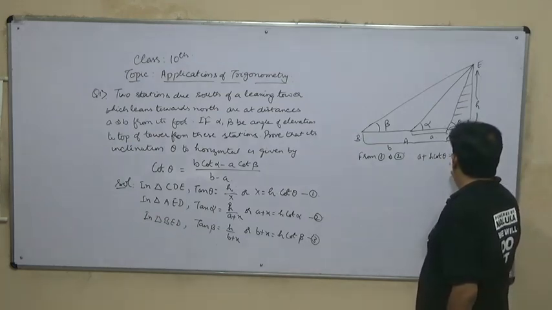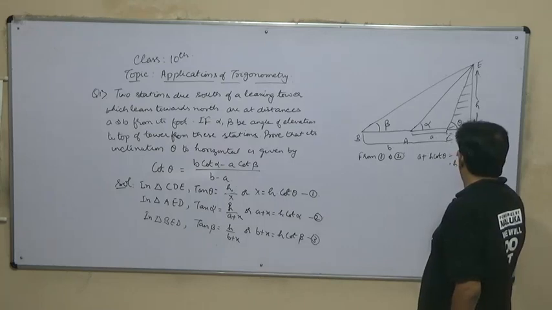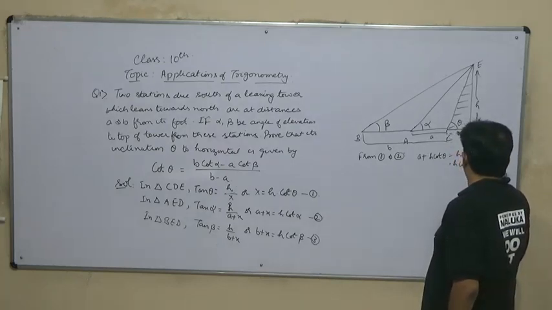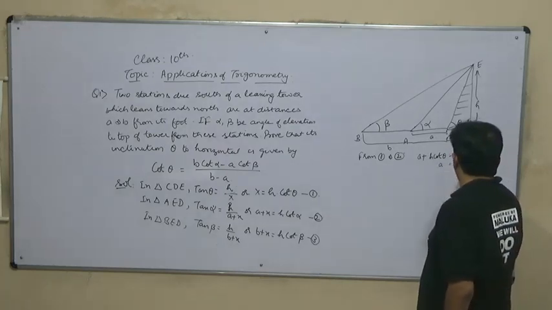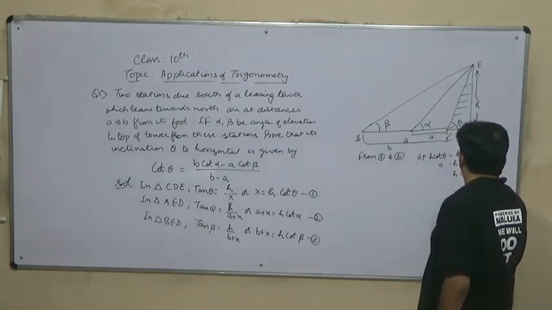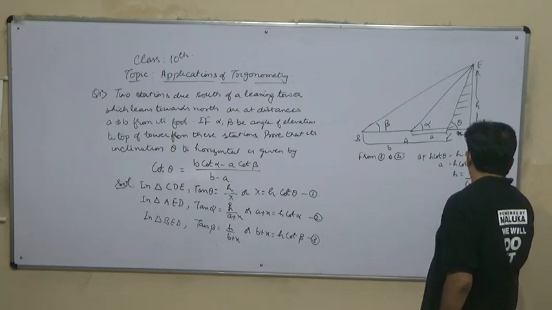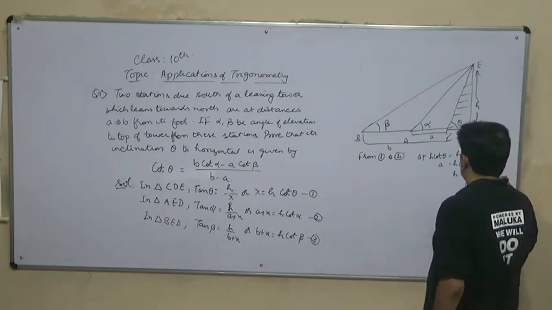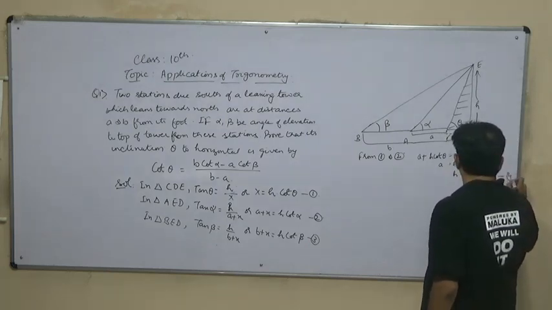Then we have H cot alpha minus H cot theta is equal to A, and H is equal to A upon cot alpha minus cot theta. This is equation number 4.